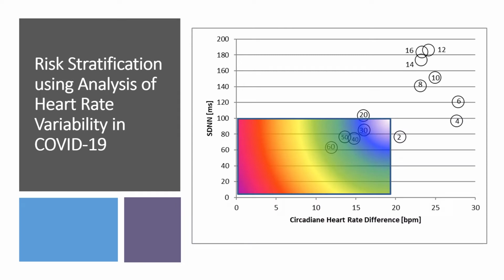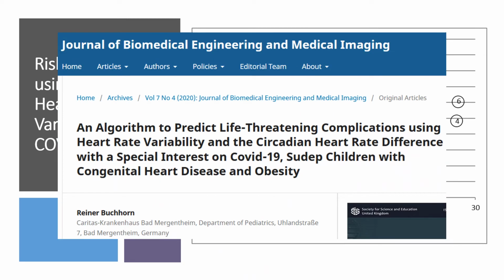We developed an algorithm, as shown in this chart, using the circadian heart rate difference between the mean heart rate at day and night and the global heart rate variability using the parameter SDNN. By using normal values, we see the progressive decline of these parameters with increasing age. And we published this algorithm in this paper.